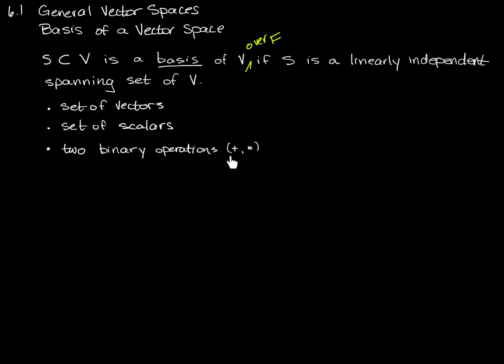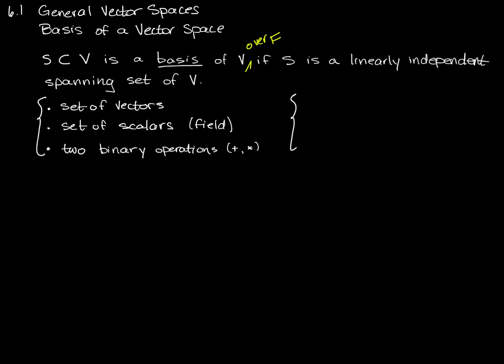And the two binary operators are addition and scalar multiplication. So we need those four things. And remember that this is what we're calling a field. That's where we get our scalars.